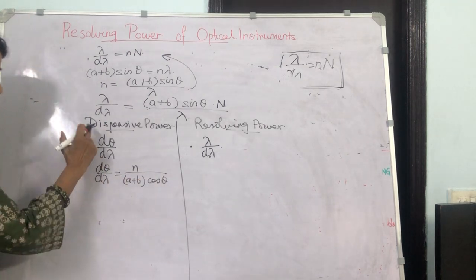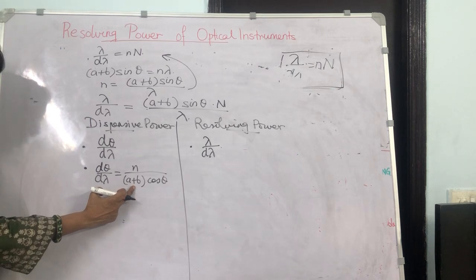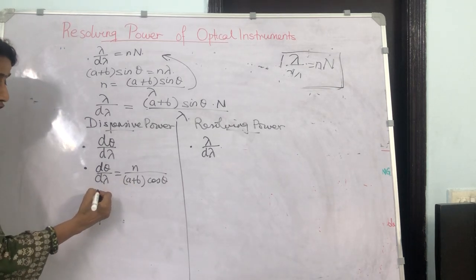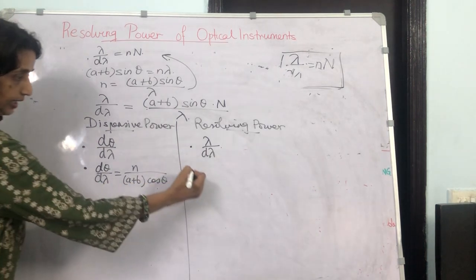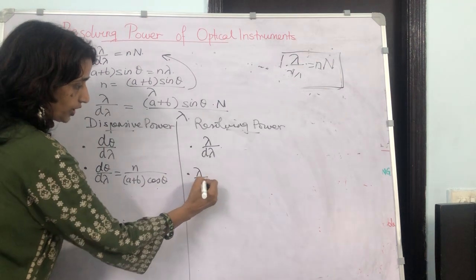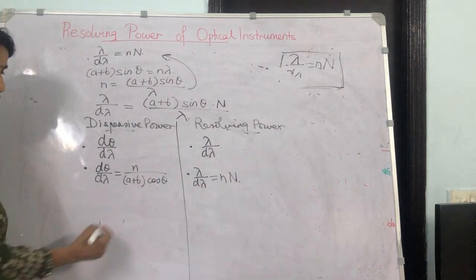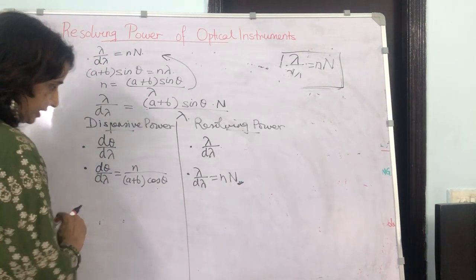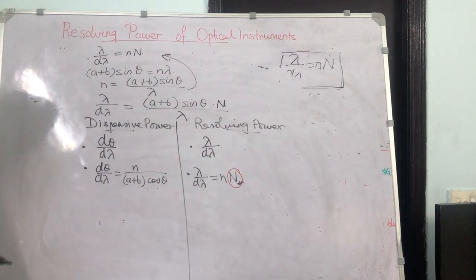We are noticing dispersive power is inversely proportional to grating. Dispersive power is not depending, here there is no capital N in the formula, but here you notice lambda upon d lambda is equal to nN. So the total number of lines on the grating N is not here, right?